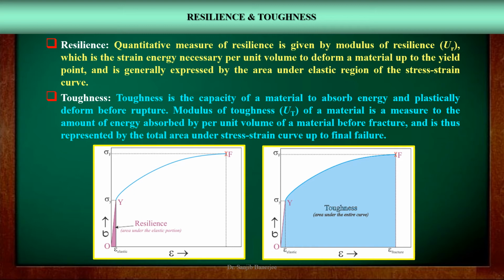Modulus of resilience is the strain energy necessary per unit volume to deform a material up to the yield point of the material. So, it is actually the strain energy required by unit volume of the material to get deformed up to the yield point or within the elastic region.